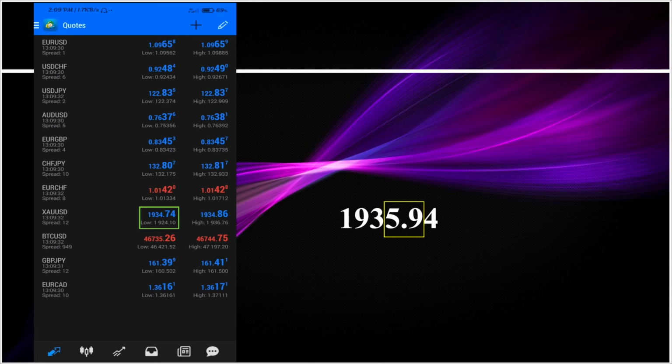With the same sequence I talked about, using the first number we are calculating with as your unit, then tens, hundred and the rest of it, you'll be able to understand this concept very well. So 9 here is the unit, while 5 is the tens. Gold making a move of 12 pips from the initial value of 1934.7 will have a new value of 1935.94. So that is it for gold, and that is all I can say for now for pip calculation.